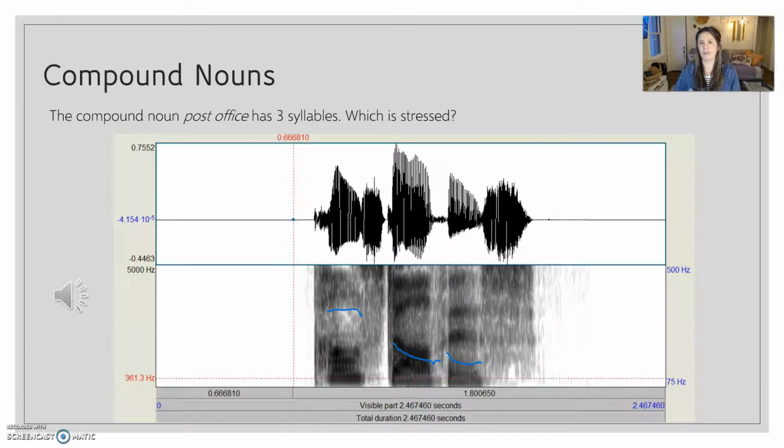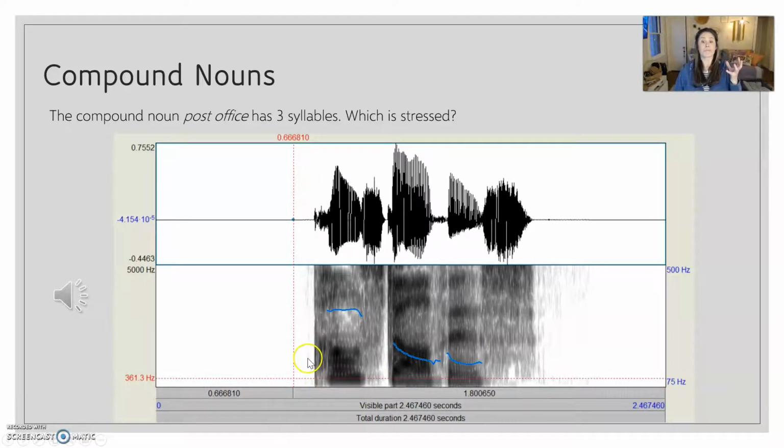Post office is a word that has three syllables, okay? We're going to talk about which of these syllables is stressed. If you have a look down here, we have three syllables: 1, 2, and 3. So this is post office, something like that.